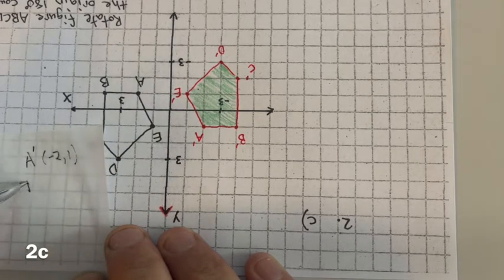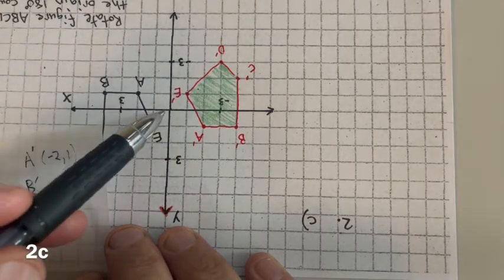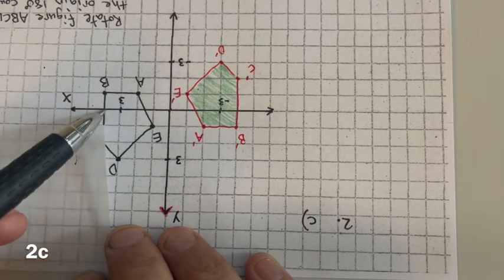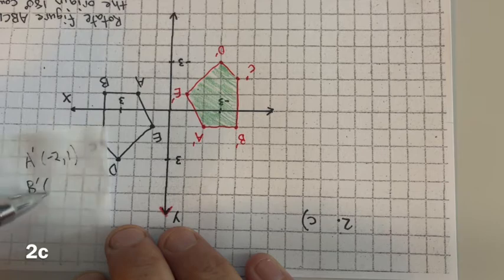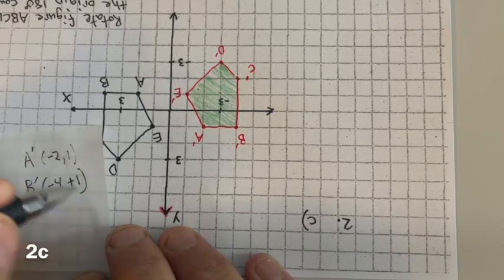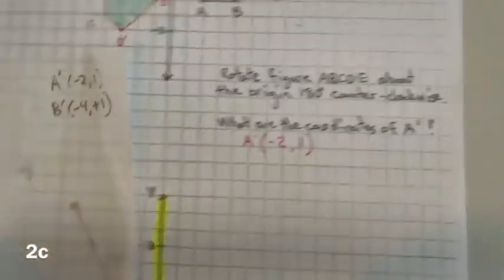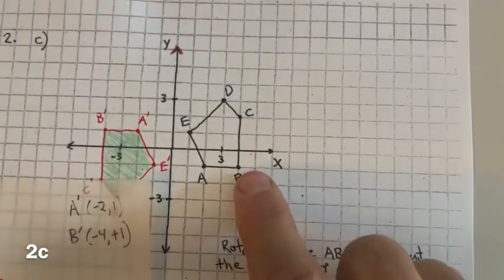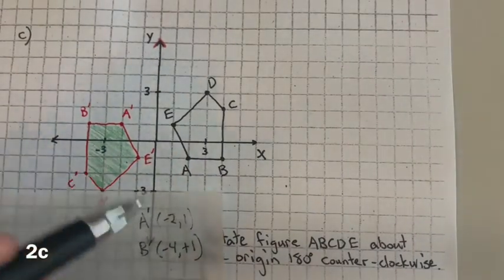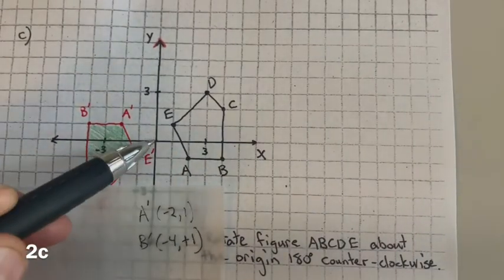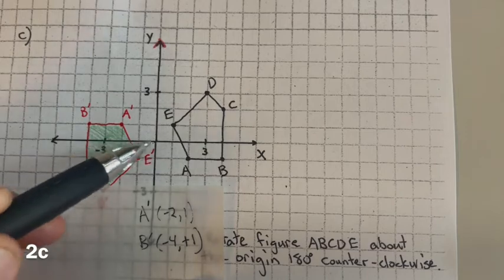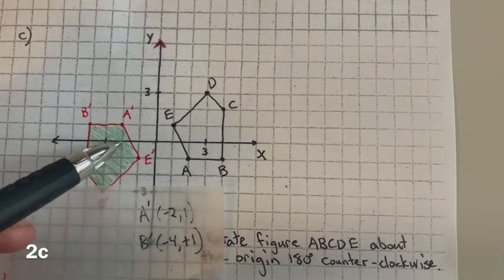And then I would do that for all of my coordinates. B, negative 4, positive 1. And then once I have all of the coordinates, I'd rotate it back to its original position.